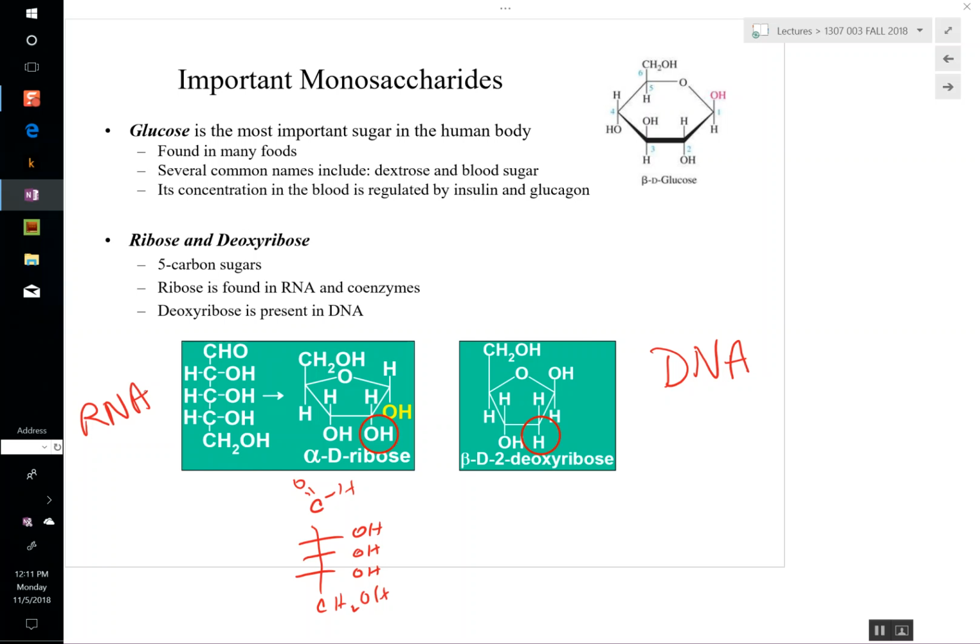You don't have to memorize that structure, but just know what that means. We have removed an oxygen from here, and that is the sugar phosphate backbone for DNA. So DNA has a subtly different sugar phosphate backbone from RNA.